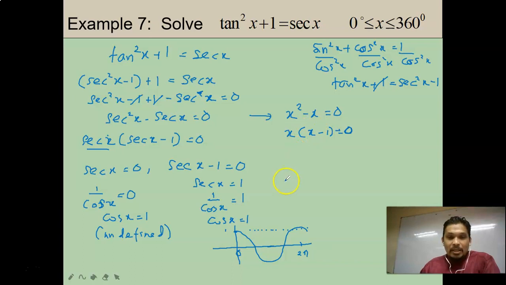So x equal to 0, which is 1 here, and 2 pi, which is 0 degrees and 360 degrees.